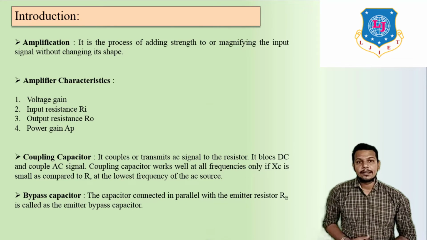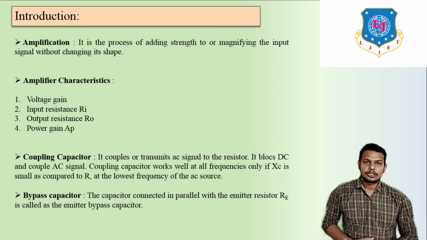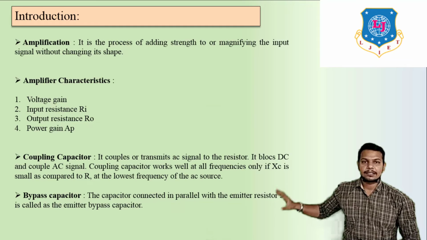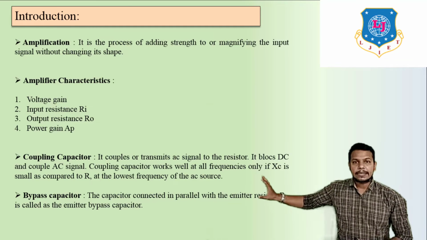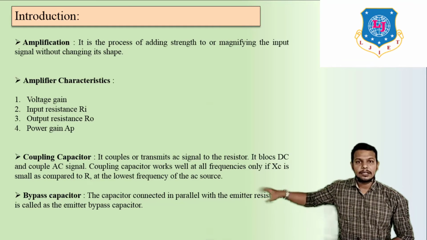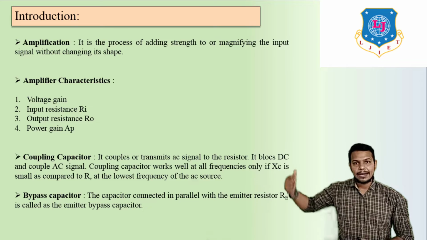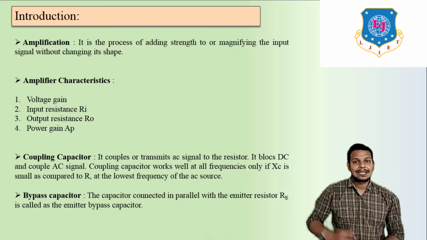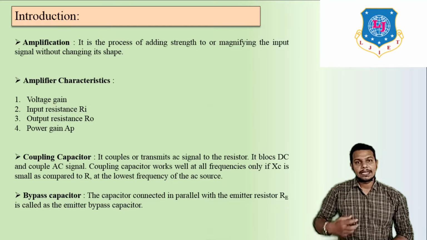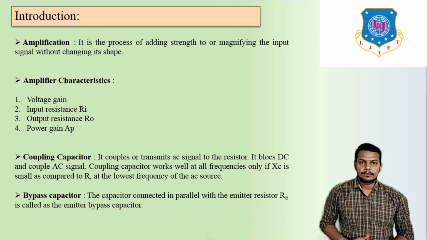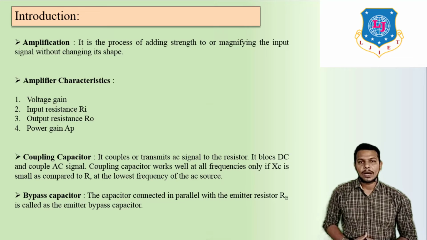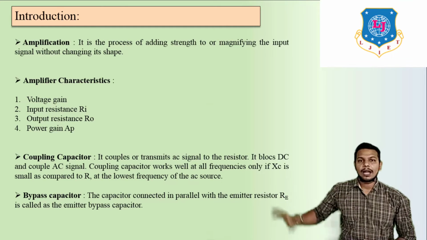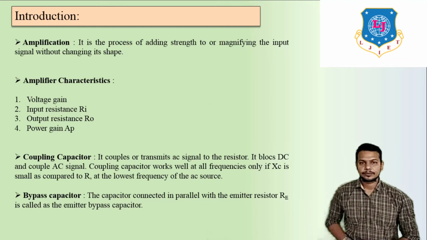In DC there is no frequency, or we can say 0 Hz. That's why in DC it is blocked and in AC it flows, because there is a particular frequency in an alternating current signal. That's why it blocks DC and allows AC signal.